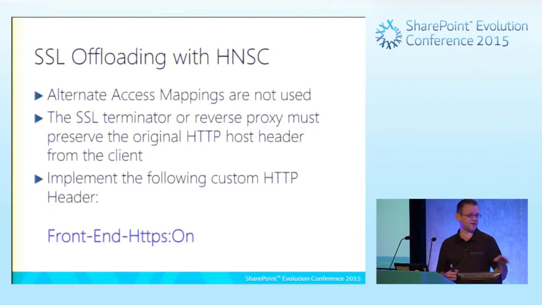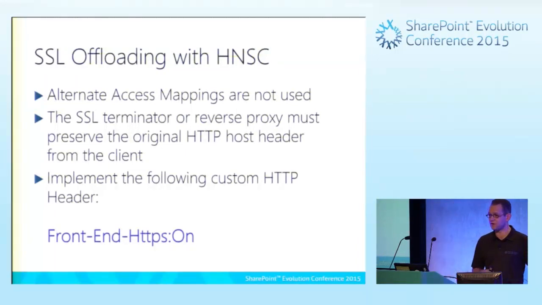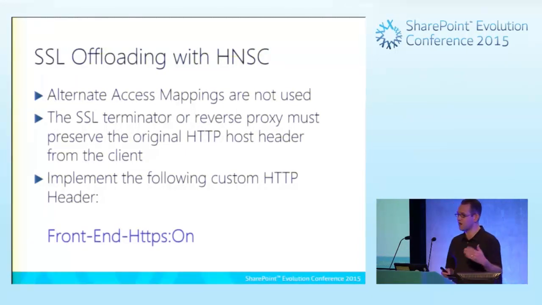Basically, it all boils down to implementing a custom HTTP header on your reverse proxy so that SharePoint knows that the original request was an HTTPS request. And then it will answer every request that comes in for HTTP with HTTPS. It's just another kind of alternate access mapping, more or less. Or the behavior is more like alternate access mappings.